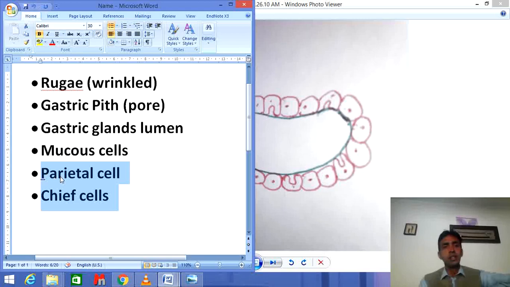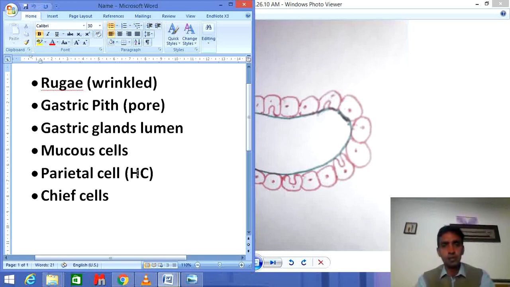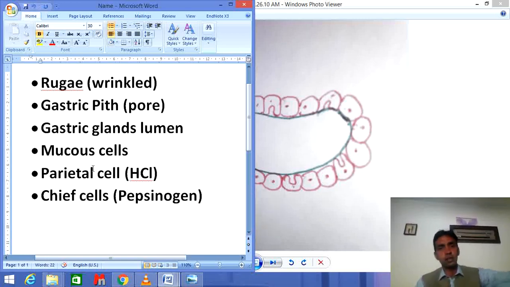The parietal cell is responsible for the production of HCl. The chief cell is responsible for the production of pepsinogen. The parietal cell is responsible for the production of HCl and intrinsic factor, that is a type of glycoprotein.